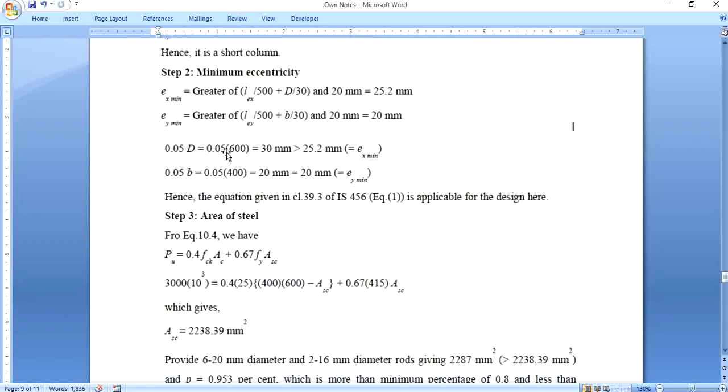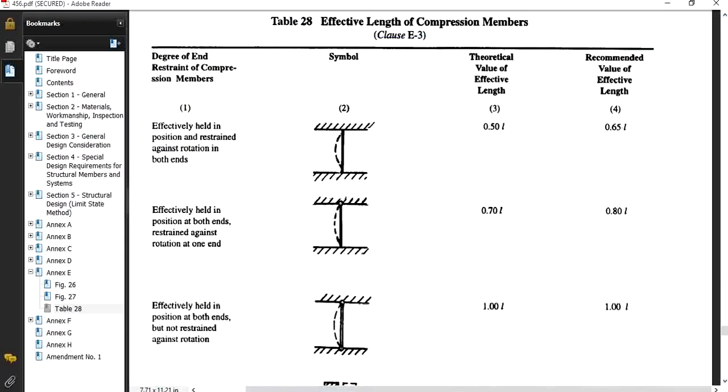So 0.05 into 600 is 30 mm, and the obtained minimum eccentricity is less than this value. Hence the equation in clause 39.3 of IS 456 is applicable for design over here.